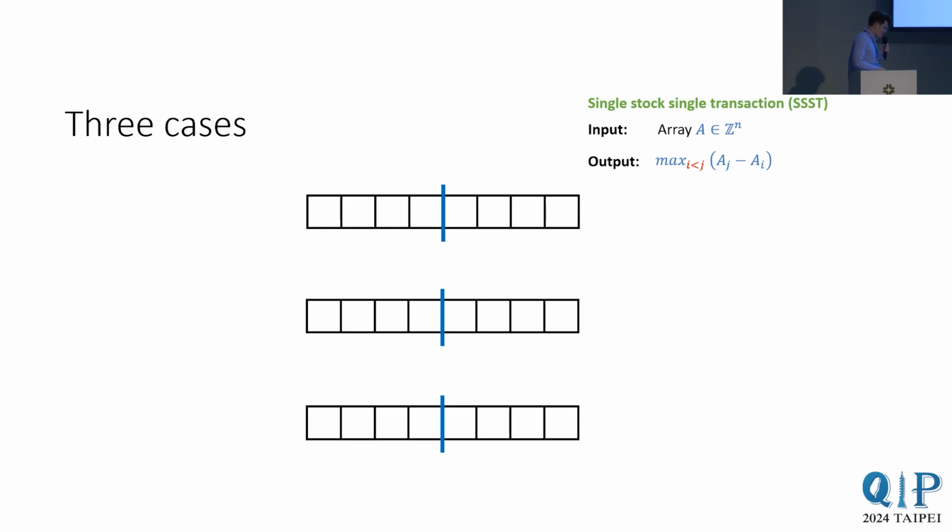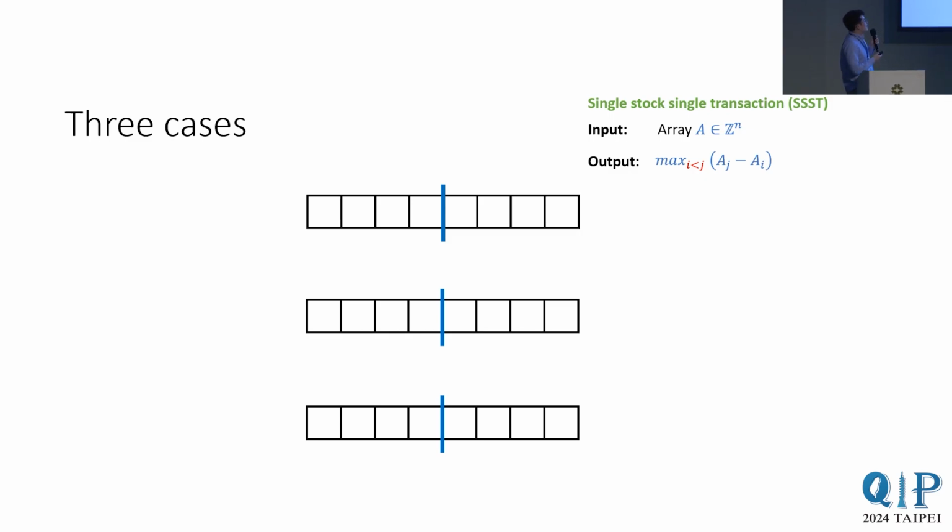Okay, so come back to our stock problem. Without the constraint i less than j, the problem becomes very trivial, because we can use quantum maximum finding to find the maximum value and the minimum value, and then combine them to output the absolute value of the difference.